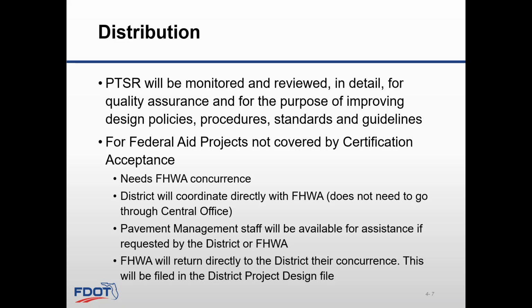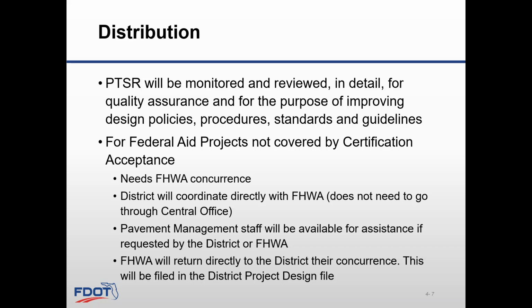For federal aid projects not covered by certification acceptance, an electronic copy of the current approved pavement type selection report will be forwarded directly to the appropriate Federal Highway office for concurrence. The district will deal directly with FHWA to resolve any questions. Central Office Pavement Management will be available for assistance if requested by the district or Federal Highway.